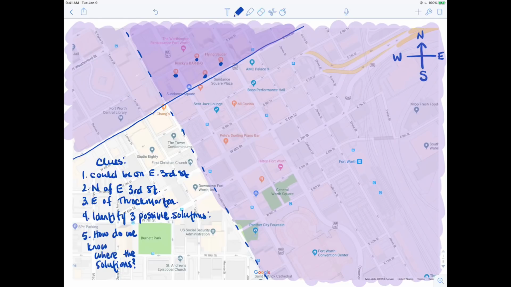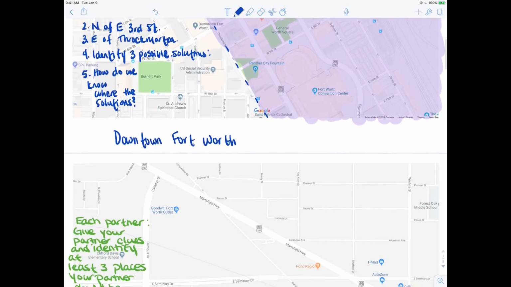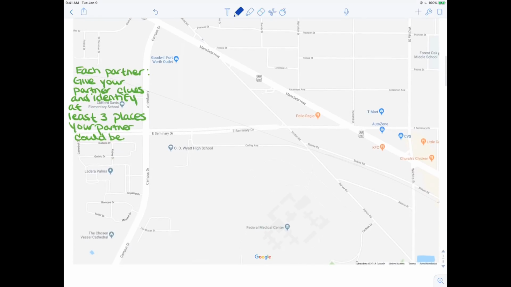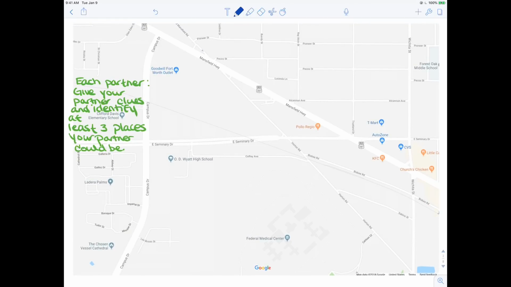And let's think about that as we go into this map. So you all can pause the video, give your partner clues, and identify at least three places your partner could be for this map.